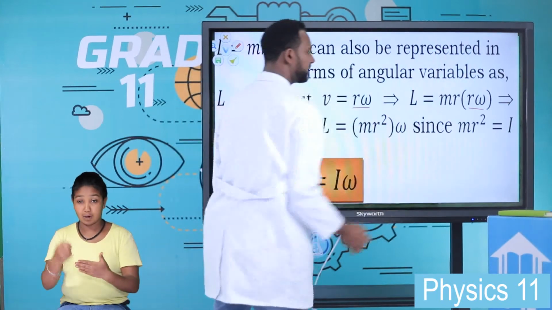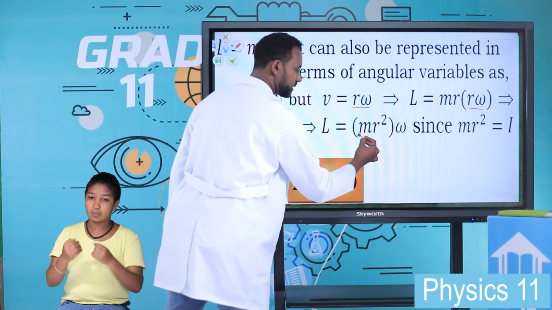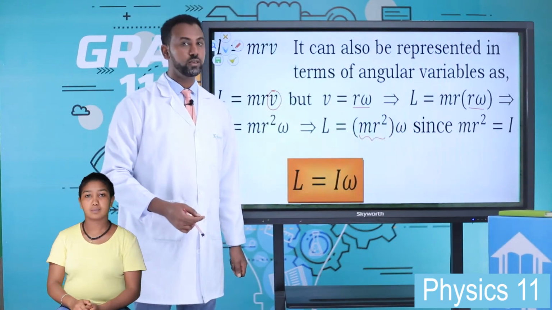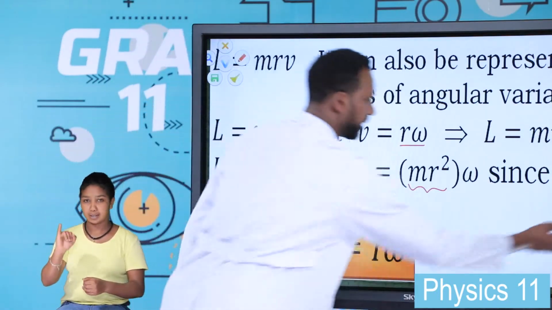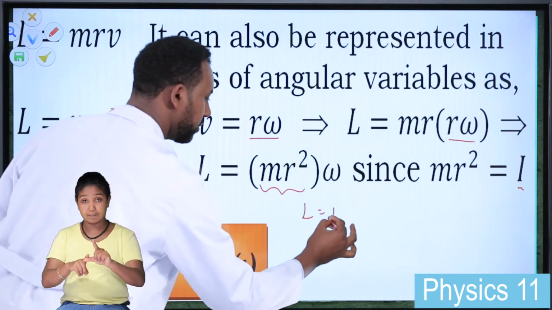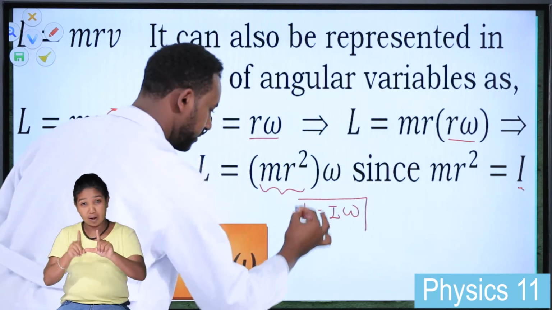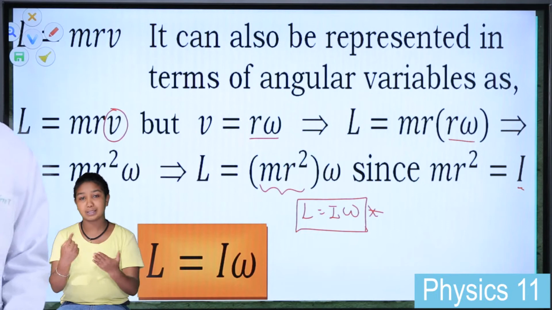When r is multiplied, it gives us m r squared times omega. Students, I hope you remember this concept. The summation of m r squared is known as the moment of inertia. Exactly. So the angular momentum gives us the moment of inertia I times the angular velocity. So it's possible to express it using angular variables.